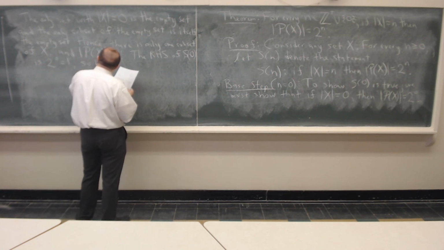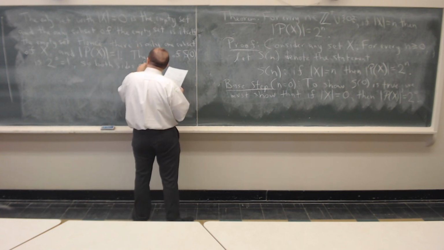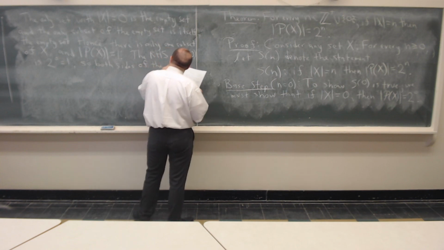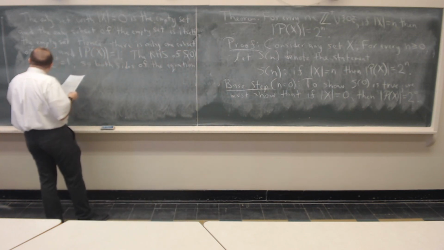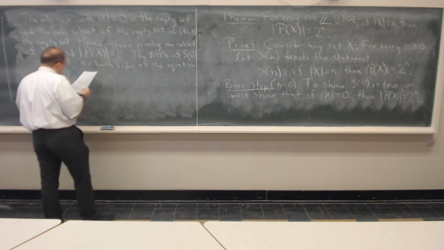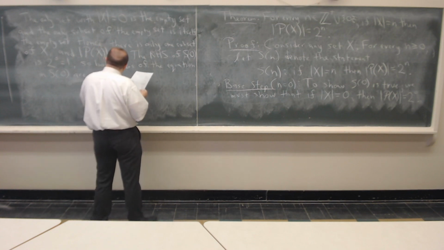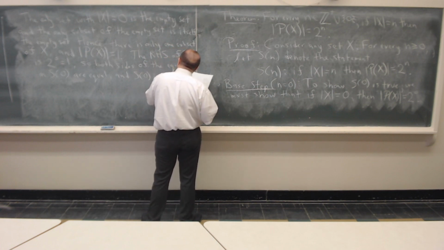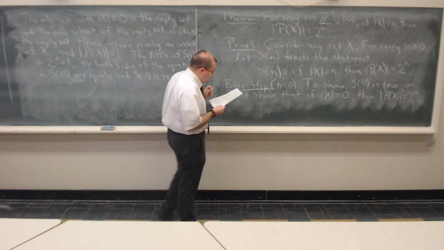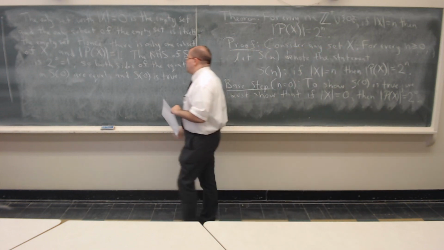So both sides of the equation in S of 0 are equal, and S of 0 is true, right? So we're seeing that I needed a little bit more machinery to get this working right. All I did was show S of 0 was true. Naturally, I need to do the inductive step.